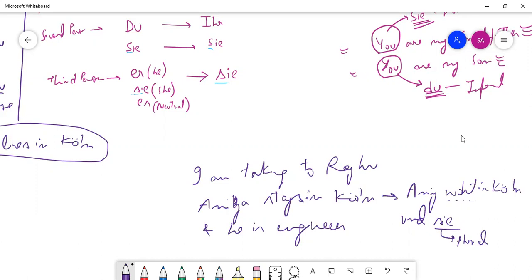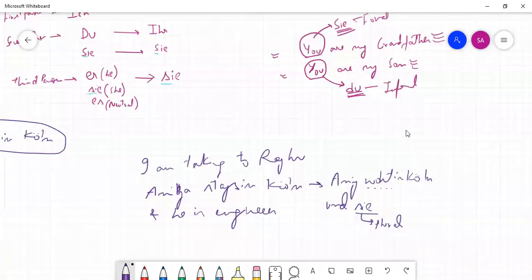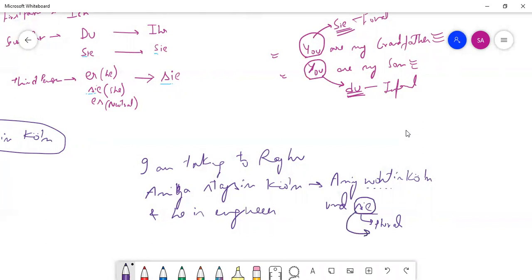Suppose I'm talking about Amir and his family, then I would say Amir und ihre Familie wohnt in Cologne und sie sind Ingenieure. So Z is first of all used for plural. Otherwise, it will be used for females. Let's say here I replace with Claudia.